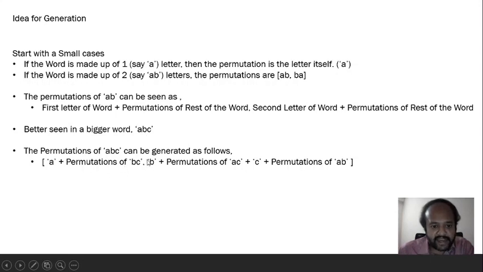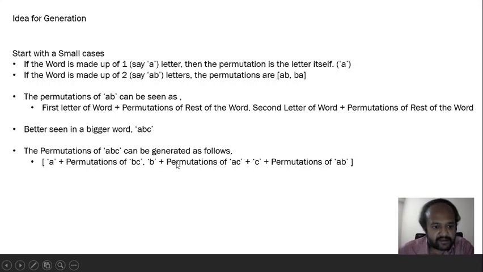Then take the second letter of the word, B, permuted with the rest of the word. If B is taken, the rest of the word is A and C. So B concatenated with the permutations of A and C. And finally, C concatenated with the permutations of A and B.